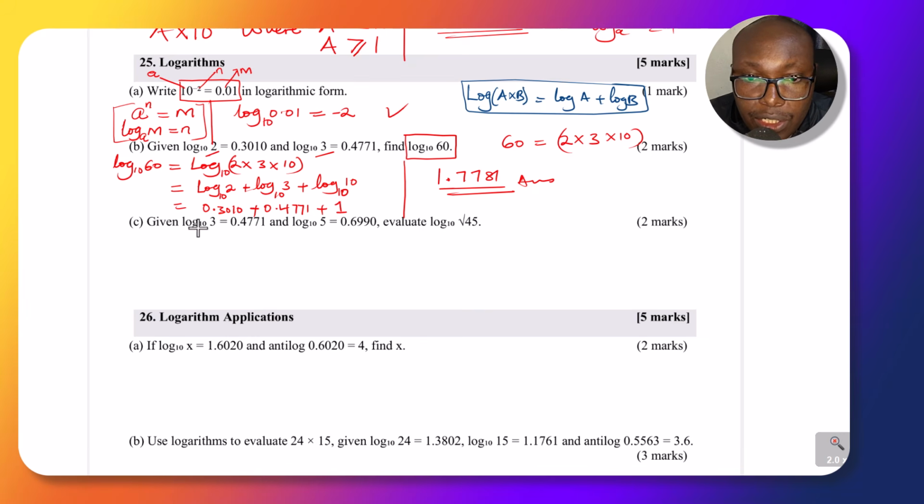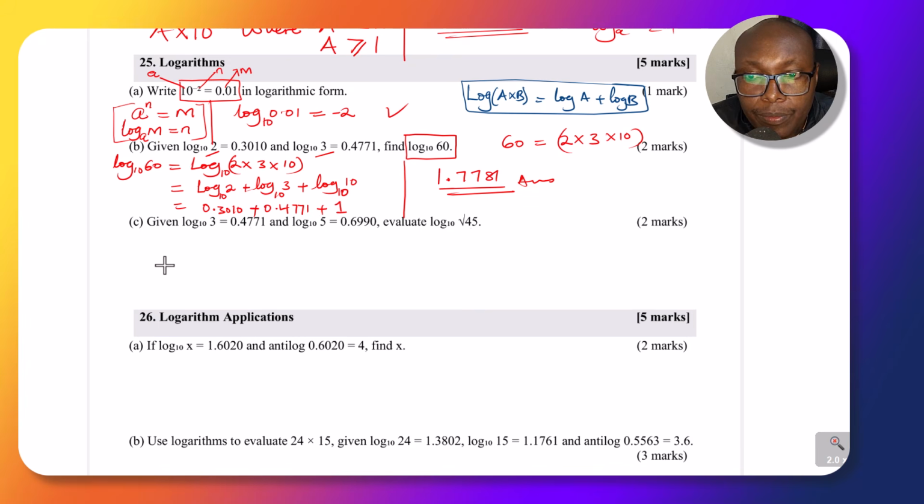Again, for part C, you are given logarithm of 3 there, then logarithm of 5 is given there. So you're supposed to evaluate logarithm of root of 45. So therefore, you need to think about how you're going to write 45 using 3 and 5.